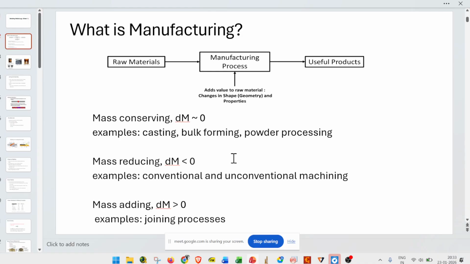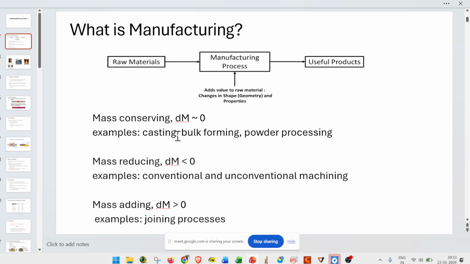So what is the welding process? Generally, manufacturing means we take a raw material and convert it into a useful product. That process is called a manufacturing process. We can classify manufacturing processes in terms of mass conversion. If I take raw material of 1 kg and my final product is also 1 kg, then there is no change in the mass, for example casting, forming, forging.